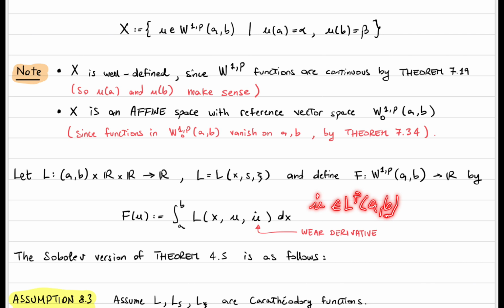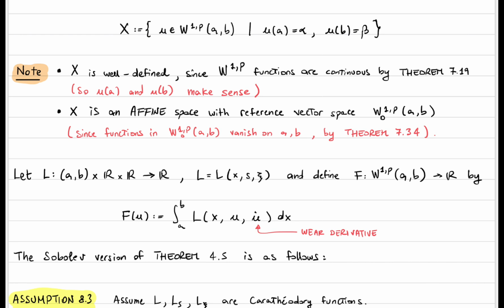You can change u dot on a set of measure 0, and you're still in the same class. However, remember that the Lebesgue integral doesn't see changes on sets of measure 0, so integrating u dot of x makes sense, because it does not depend on the representative that we choose for u dot, as the integral will always be the same.